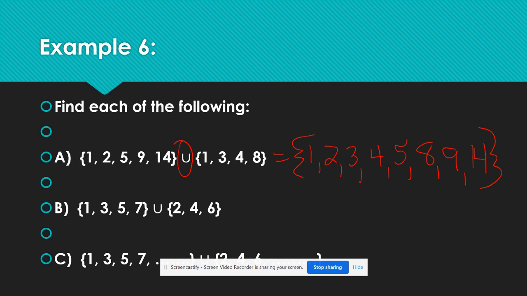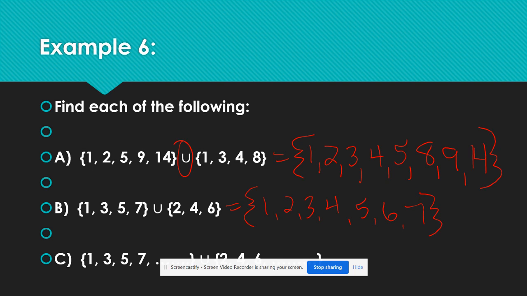You don't necessarily have to write them in order, but it is helpful when we're doing other things with these to make sure that they're in order from least to greatest. There should be no empty sets or disjoint sets here because we're combining sets, so it doesn't matter if they have stuff the same or not. The union for B, we have 1, 2, 3, 4, 5, 6, and 7.